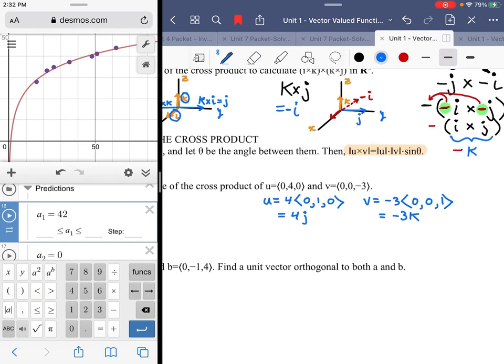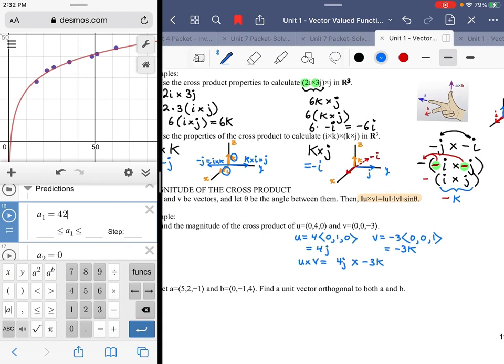So if we cross those two, U cross V would be equal to 4J crossed with -3K. If we can figure out what J cross K is, we're only off by constant multipliers here. Fun fact, we already kind of figured that out in the last question. We got it over here. We'd know that that gives you a -I, so the negation of that would be J cross K.